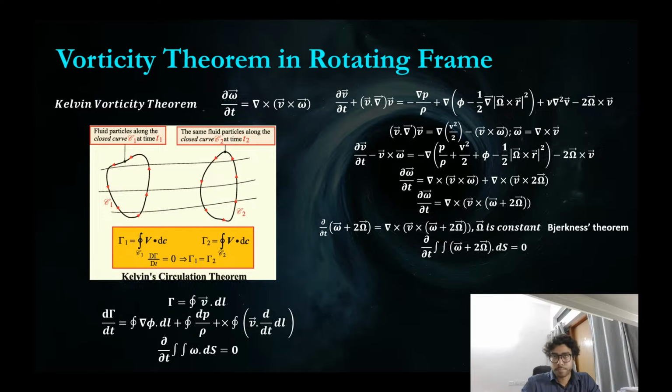Okay. Now we want to understand whether this theorem will hold even if the frame itself is rotating with angular velocity omega, right? Because earlier there was no rotation; the frame was stationary.